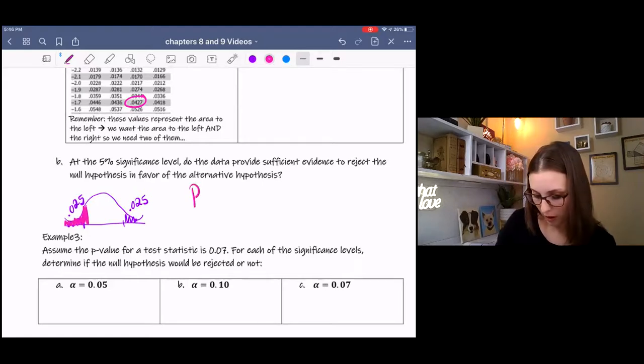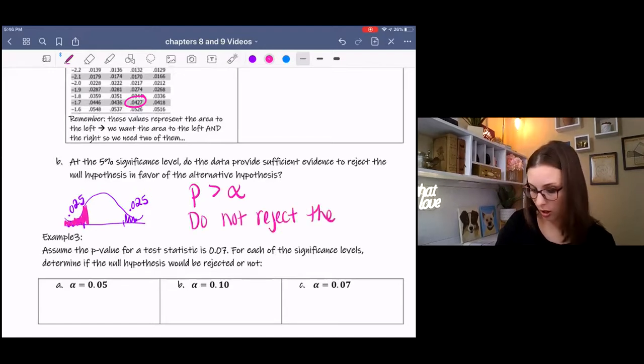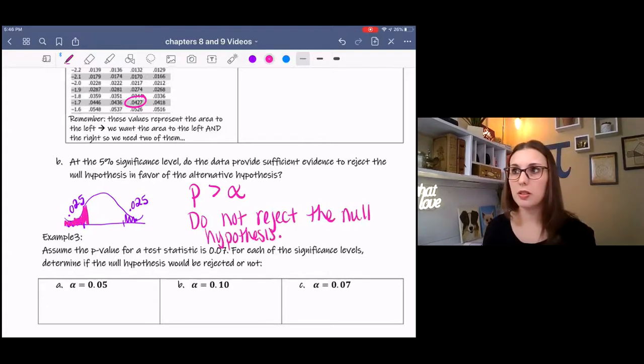So we got a p-value greater than alpha, which means we do not reject the null. We have sufficient evidence that we cannot reject the null hypothesis.